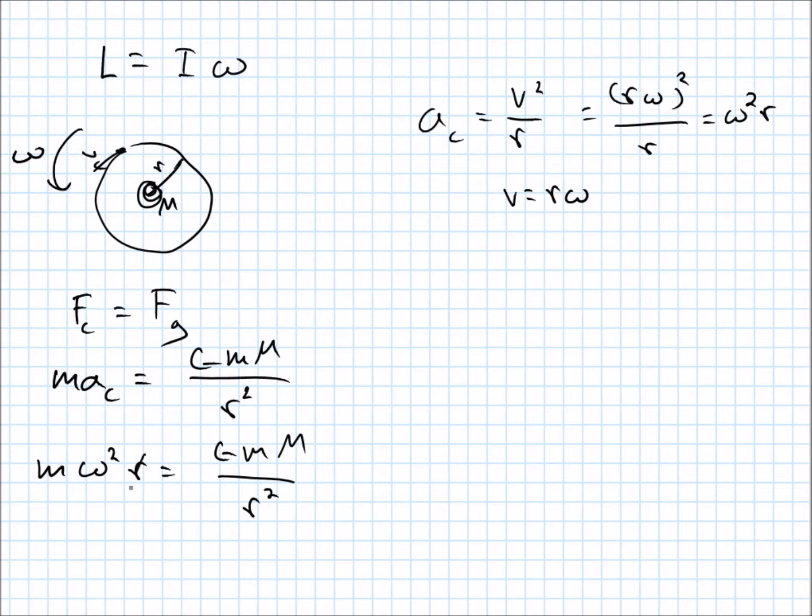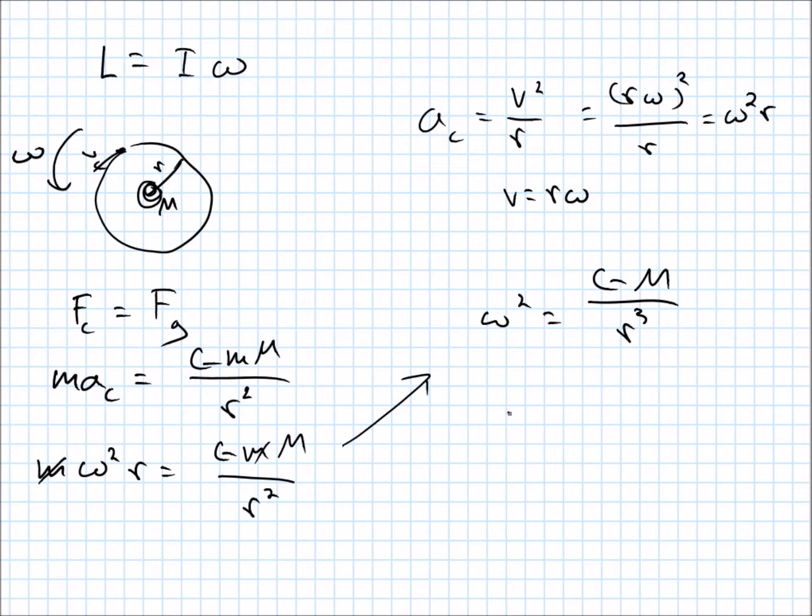I'll divide by r, and I'll cancel an m. I'll get omega squared equals GM over r cubed, like that.